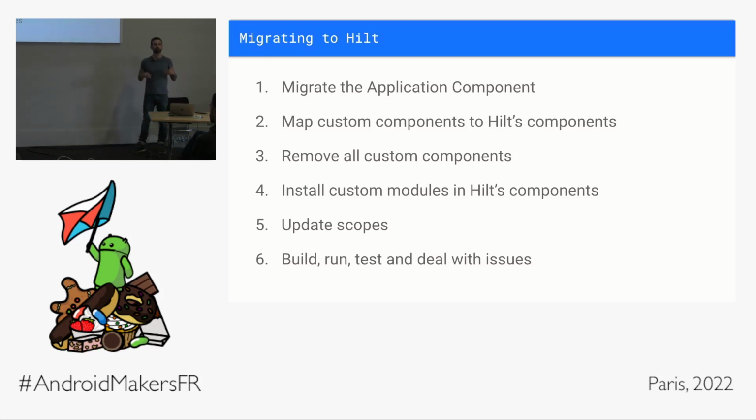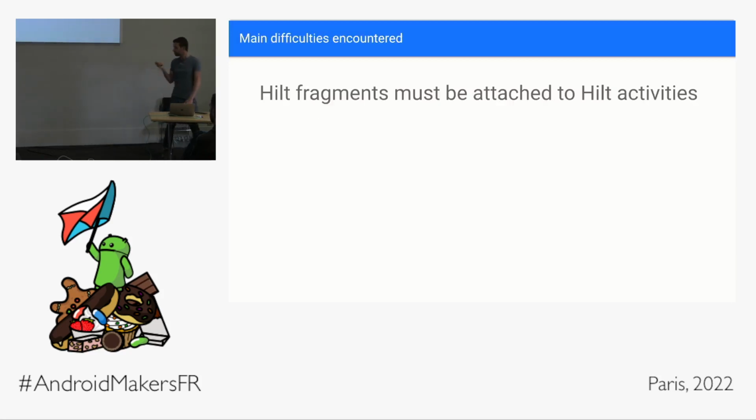And as I said, one of the great things with Dagger is that it checks the dependency graph at build time. So if there's an issue, you'll probably find this out during build time. And some of the difficulties that I encountered is that there's a rule with Hilt that Hilt fragments must be attached to Hilt activities. And in my app, I had some activities that were not injected at all.